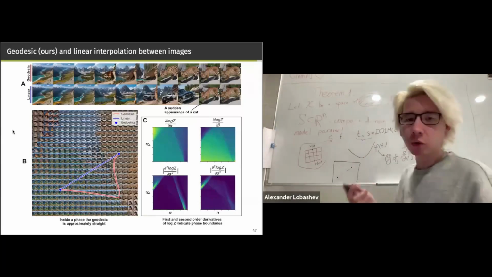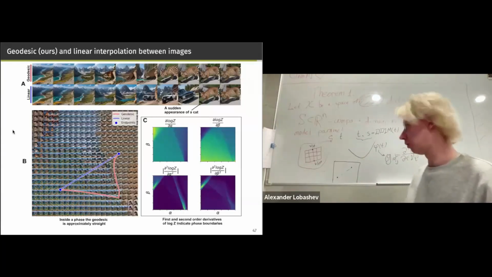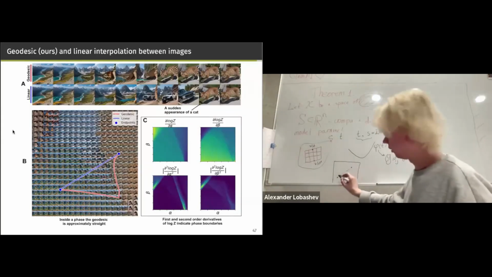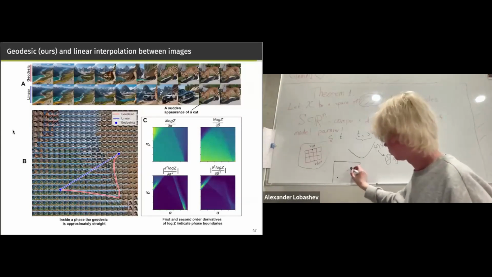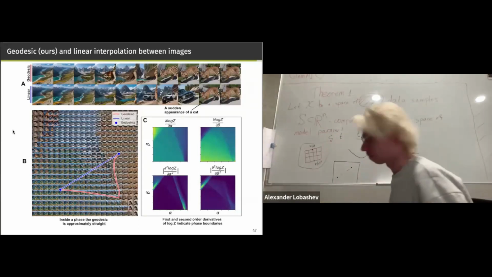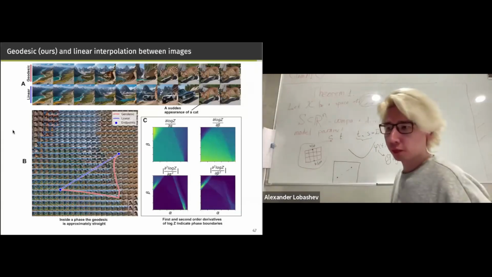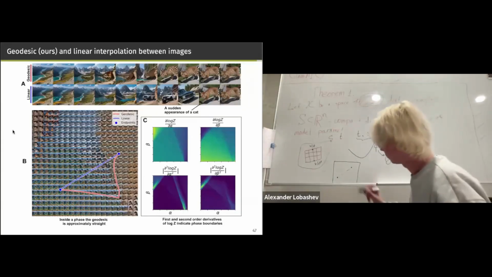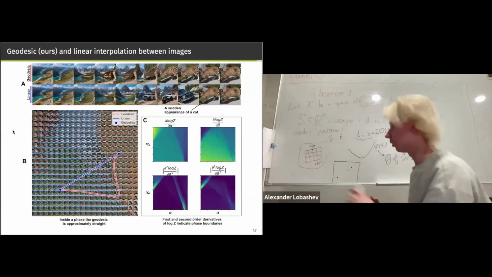I want to solve a minimization problem, which minimizes the Riemannian length of the curve with respect to this metric. Like minimizing the energy functional, yeah, exactly. The geodesic line.